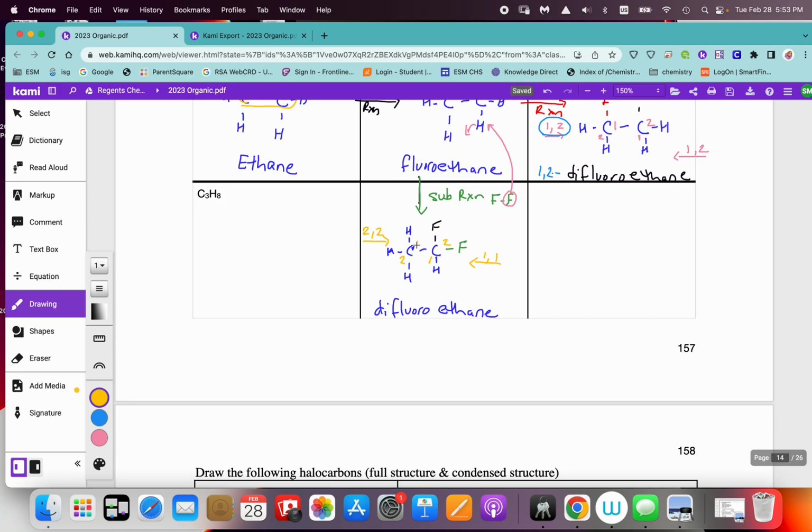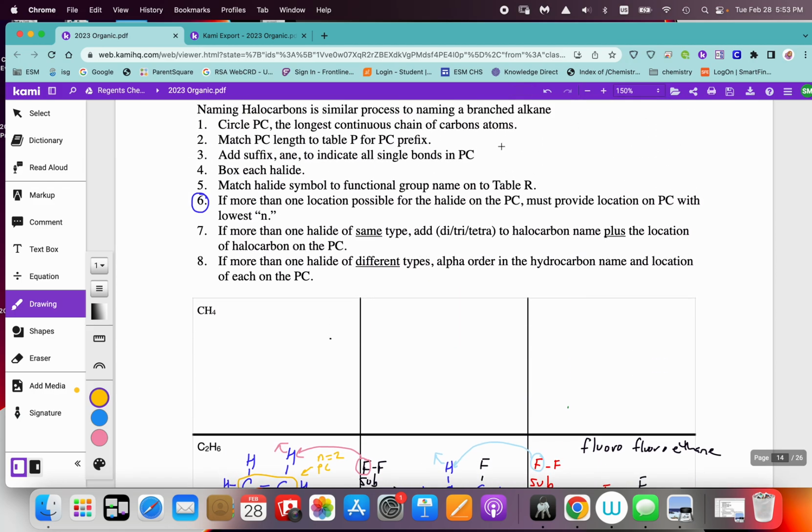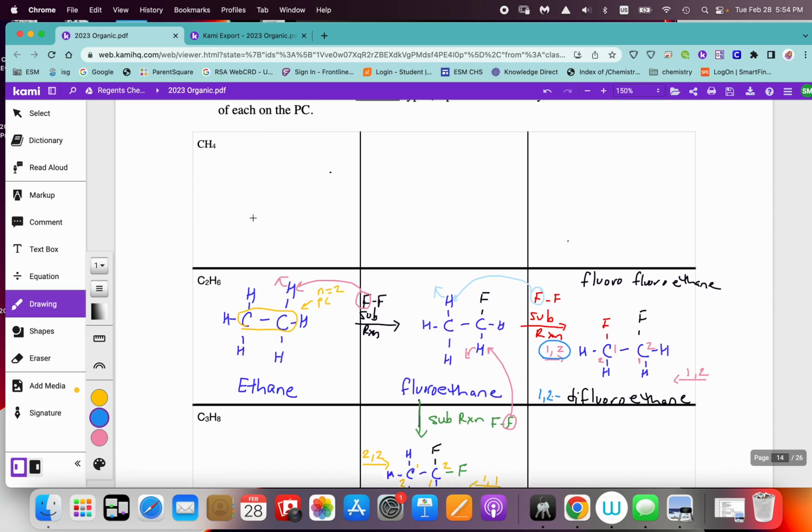So now we have different designation numbers when we look left to right. So here's the thing. When you go left to right and right back to left, you have a different set of locations. We always choose the lowest combination set.